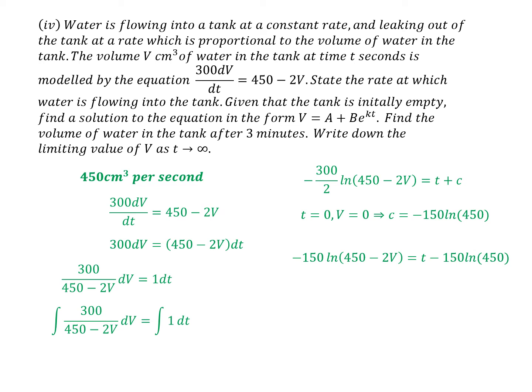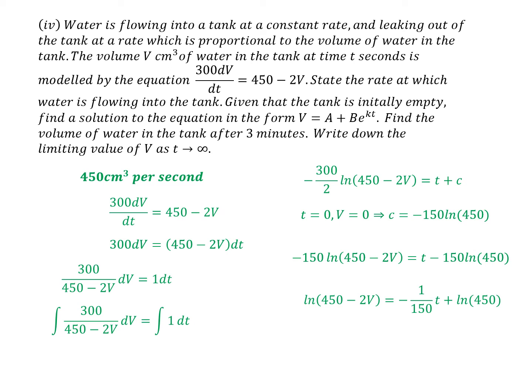This is a solution to the equation, but we've got to write the solution in a particular form. So somehow we've got to extract the v from all of this. The first thing I'm going to do is to divide everything by minus 150. So that's slightly tidier.